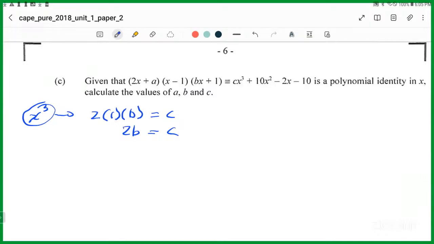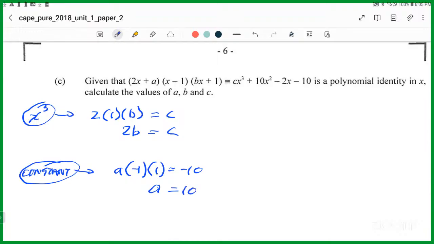And then this times this equals the 10 out here. So for the constant, it's a times minus 1 times 1 equals negative 10. So it means that a equals 10, right?